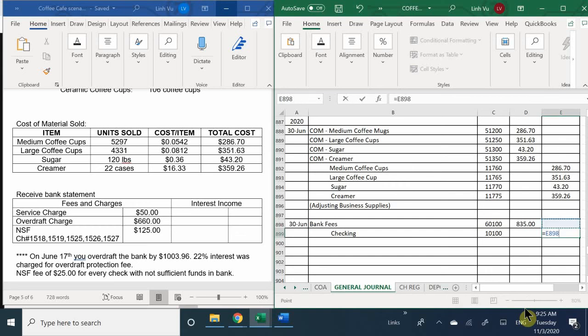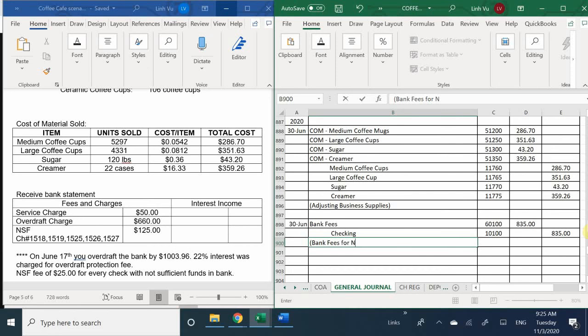For 835. And what's my note going to be here? You can write bank reconciliation. I just put bank fees for insufficient funds. That can work too. Bank fees. Should we just put NSF?